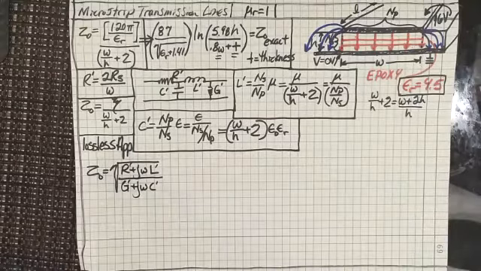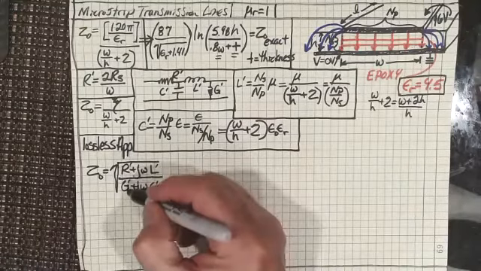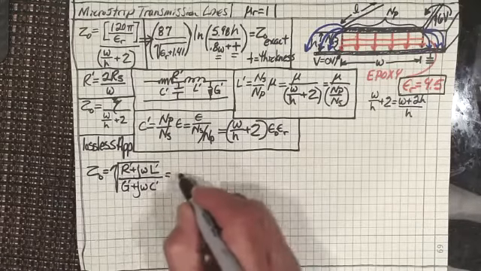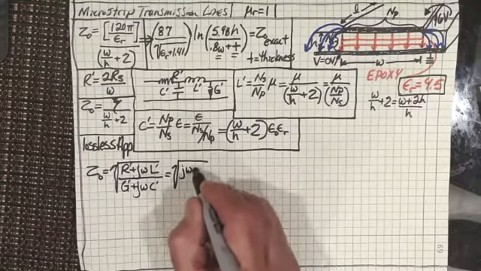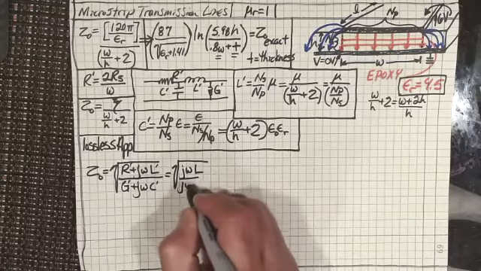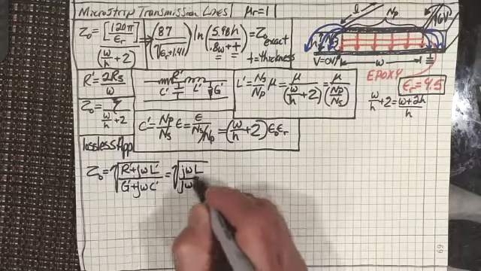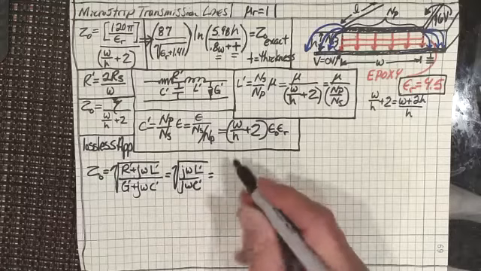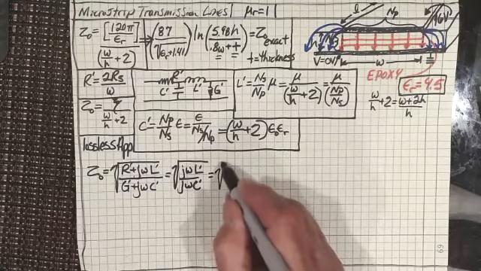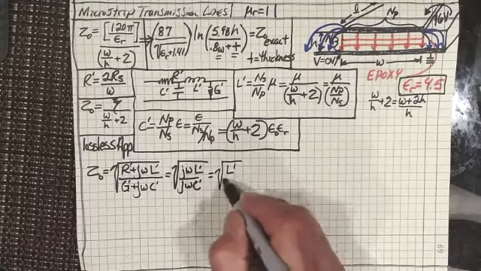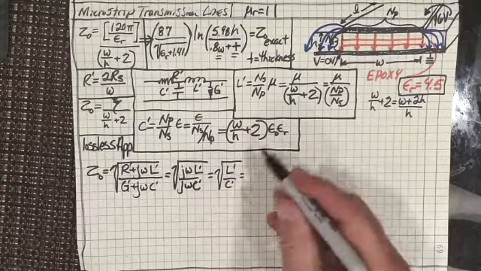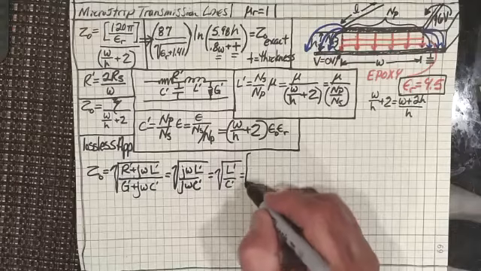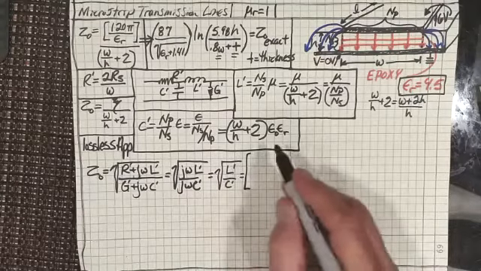So if R is equal to 0 and G is equal to 0, don't we just get the square root of J omega L over J omega C? I think everybody can see what's going to happen here. That just gives me the square root of L prime over C prime. Let me just make a little bracket here, and let's just do that.